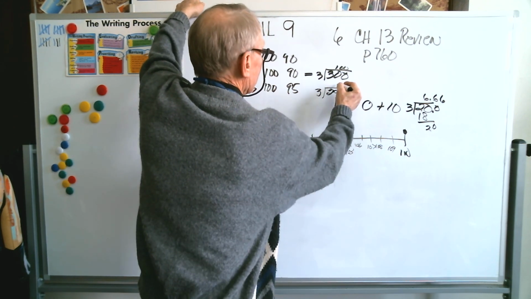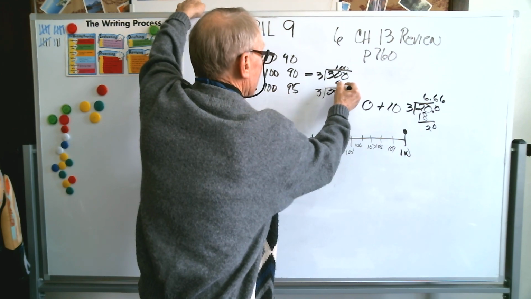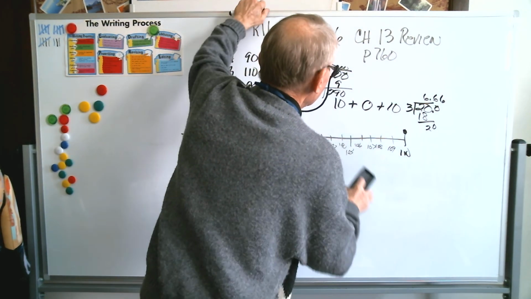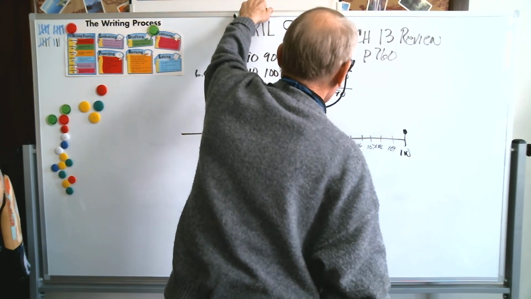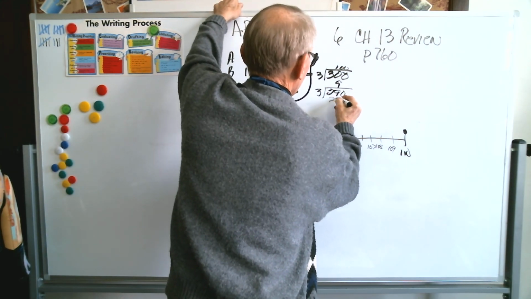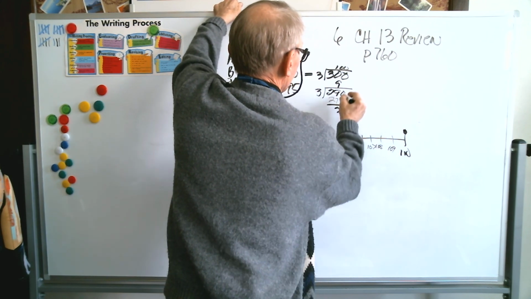And that's going to be 9, right? 3 times 9 is 27. And now we're back to this.